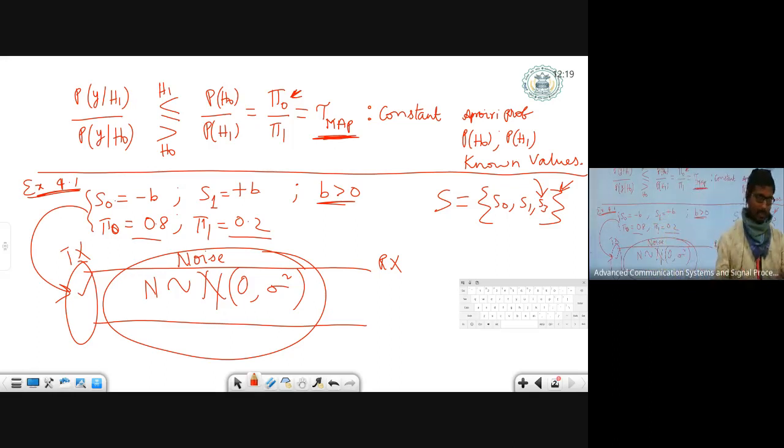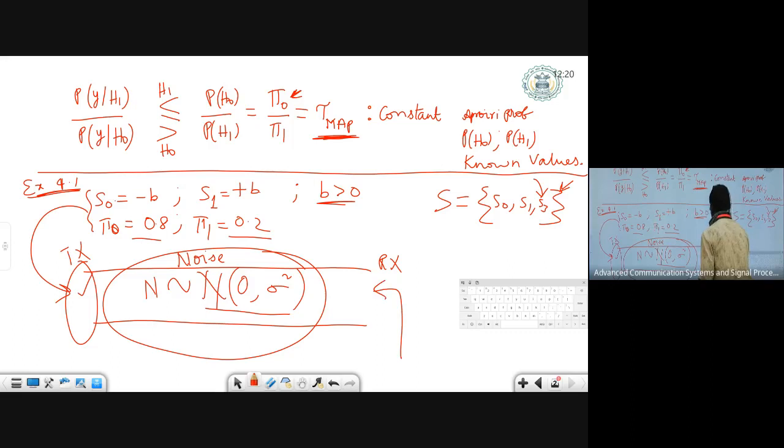So were you clear about the question? The source details are given to you, and the noise part is also given to you. It follows the normal distribution with mean zero and variance sigma square. Now he is asking us to find out the appropriate decision that has to be taken at the receiver end.